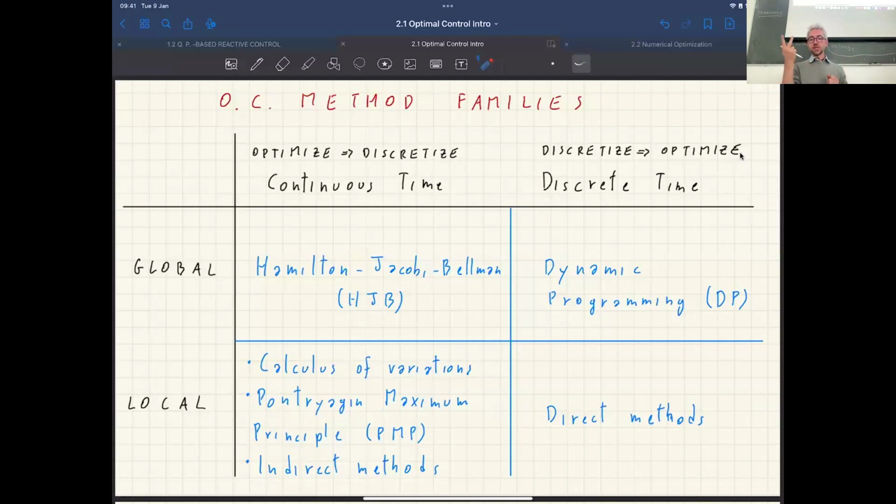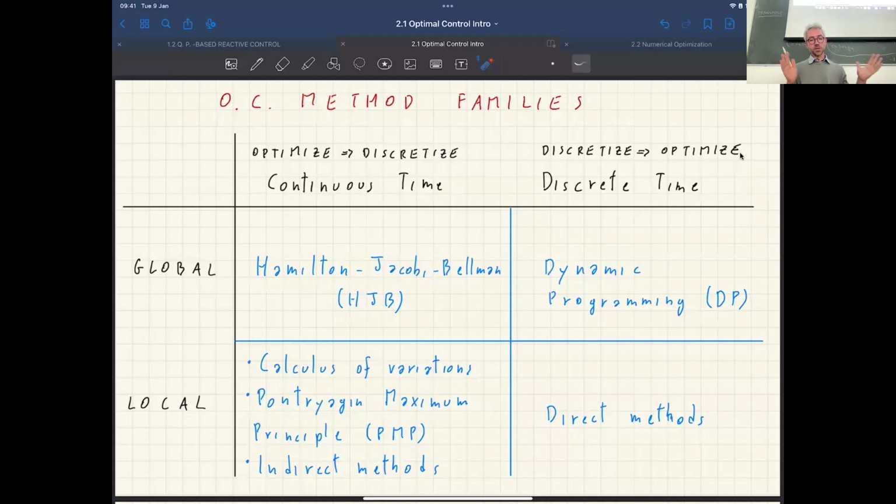Well, it happens that you can do these operations in either order. You can do discretization and optimization, or you can do optimization directly working with these infinite dimensional objects, and then you discretize later. So depending on which order you choose, you get different optimal control methods.